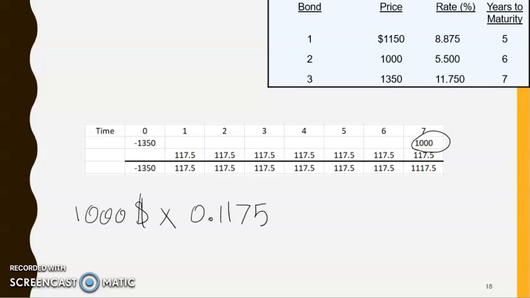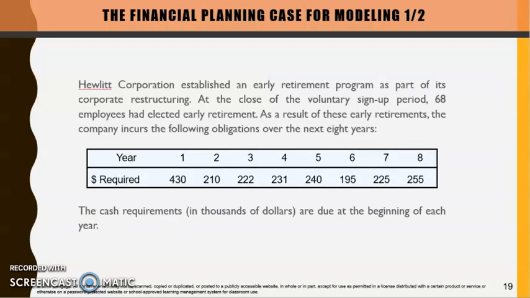With all this introduction that we discussed together regarding financial planning, now you should be fine to do a financial planning case for modeling. Let's check the financial planning case that we have for modeling.